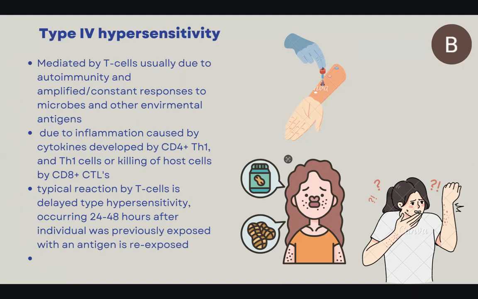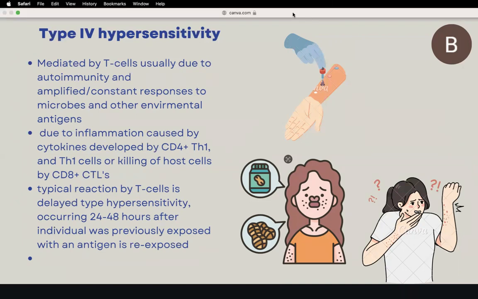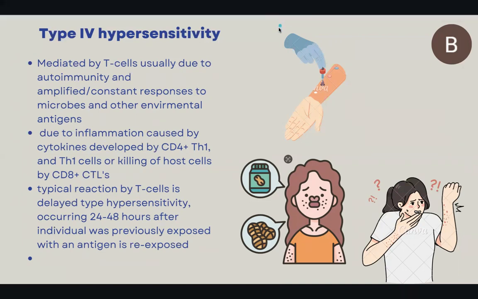The typical reaction by T cells is delayed type hypersensitivity, which occurs 24 to 48 hours after an individual was previously exposed to an antigen and is then re-exposed. Examples of this are the tuberculin test, dermatitis with poison ivy, and sometimes medications can have this effect.